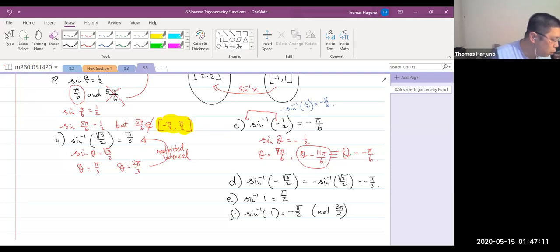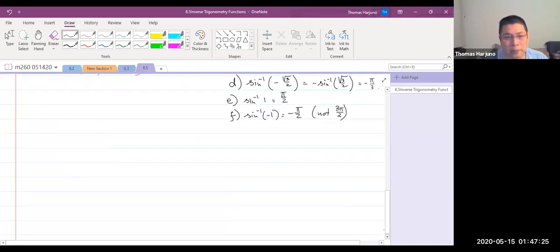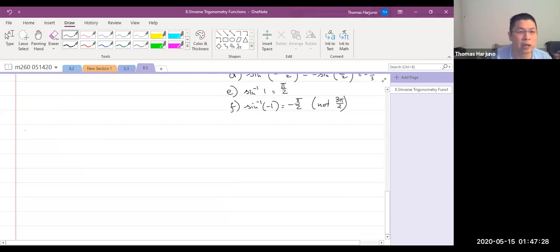I want to go on with tangent. Tangent has a similar case. Tangent has the same restricted domain. So the second one is y equals tangent inverse x.